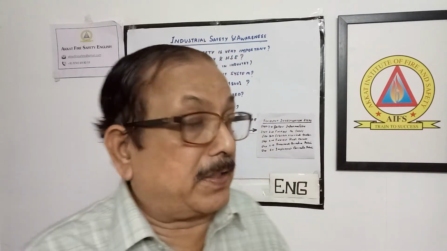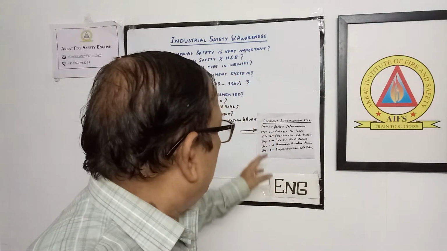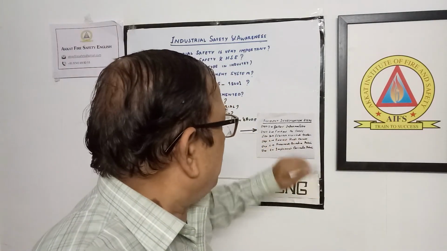Now you have to establish the actual, essential factors. There are many facts, so you eliminate everything except what is necessary for that particular incident or accident, and establish that fact.